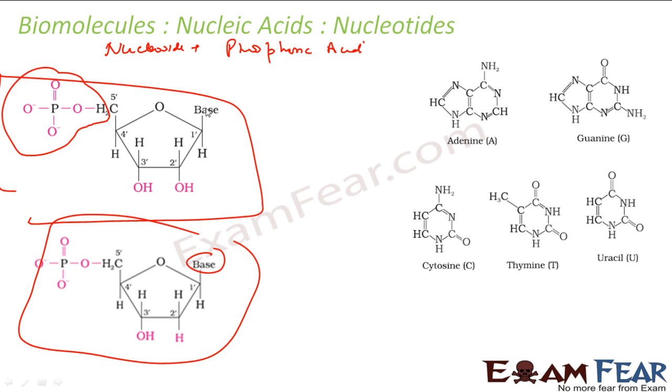From base you make nucleoside, from nucleoside you make nucleotides, and a nucleic acid is nothing but a long chain of nucleotides, also called polynucleotides. These nucleotides are the building blocks of nucleic acid, both DNA and RNA. Each has a sugar ring, a nucleobase, and a phosphate group.